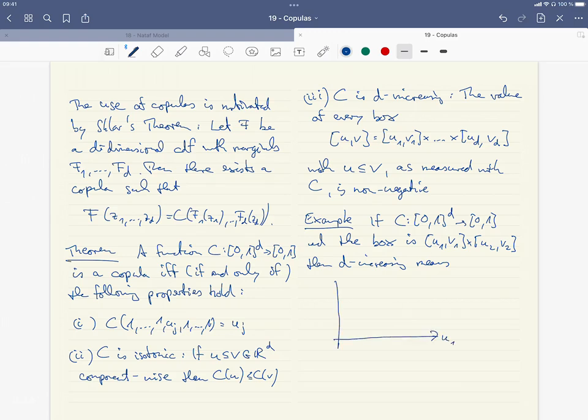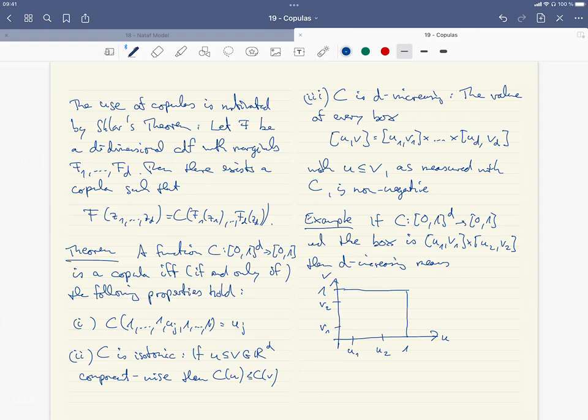Well, let me draw a picture first. So here we have U, and here on this axis we have V. We assume we are on the unit cube, so that's the unit square here. Then I have a U1 here and a U2, and then I have a V1 and a V2.